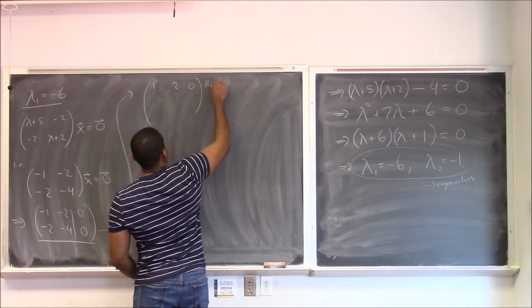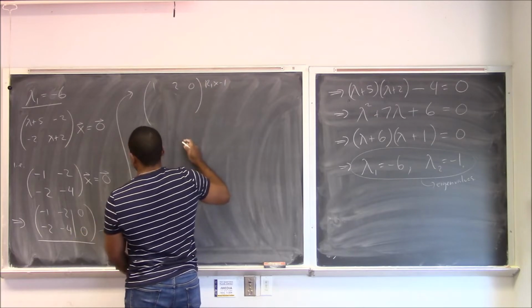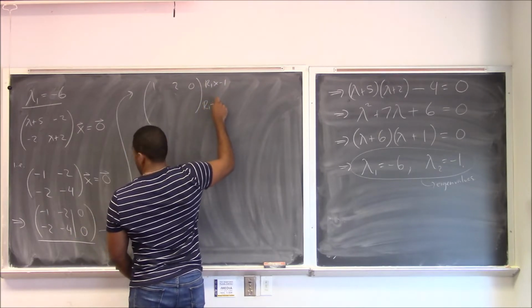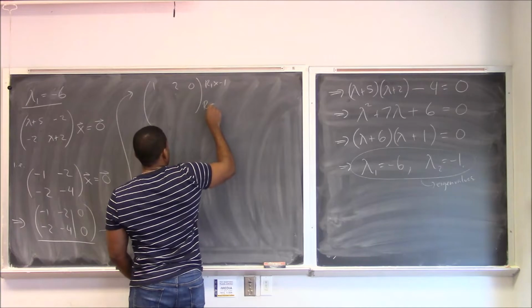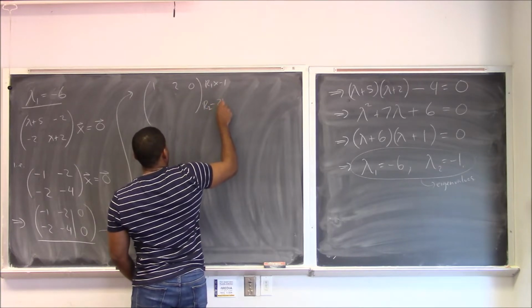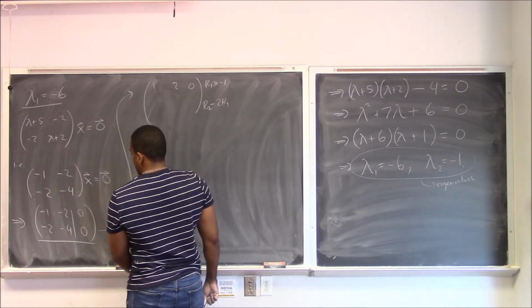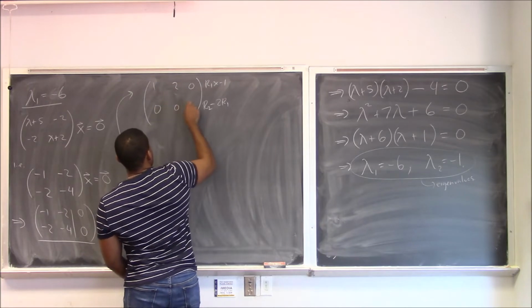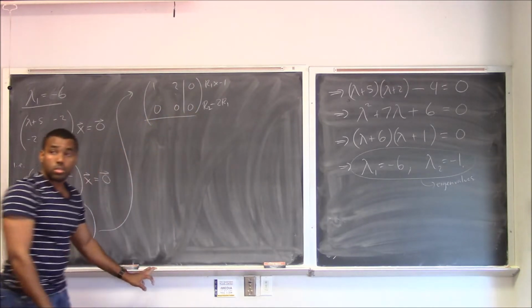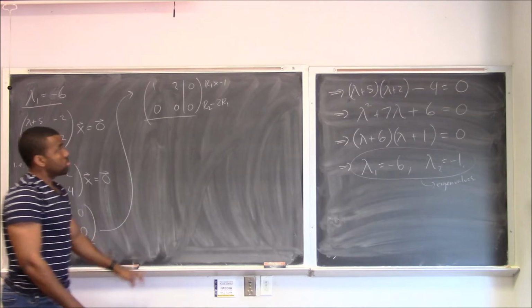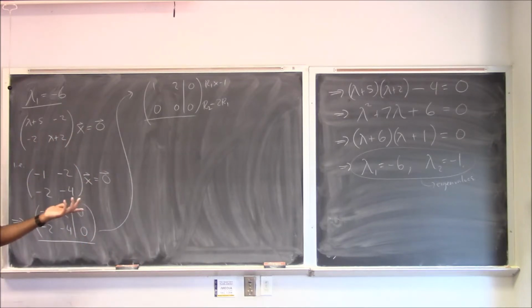That's just row 1 times minus 1. And the second one is actually a multiple of this. If I take row 2 minus 2 row 1, then that gives me 0, 0, 0, right? And you should always get a row of zeros because you should have a non-trivial solution.